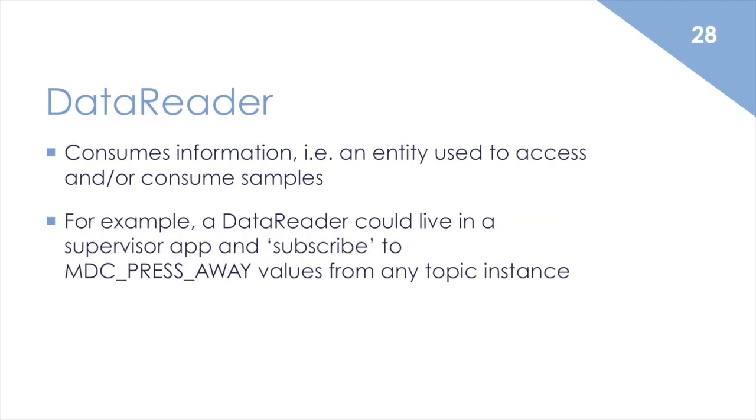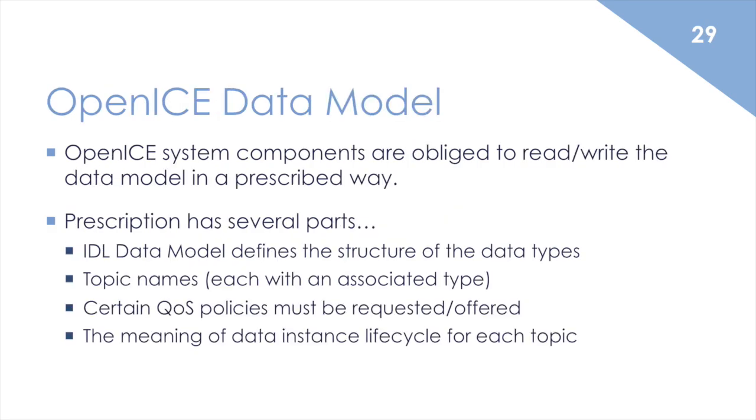The DDS term ultimately for a subscriber is a reader. This is a consumer of information, the entity used to access or consume data samples. So as a corollary to our writer of airway pressure, we may also have a reader that receives these samples. This might be a clinical application or a supervisory app.